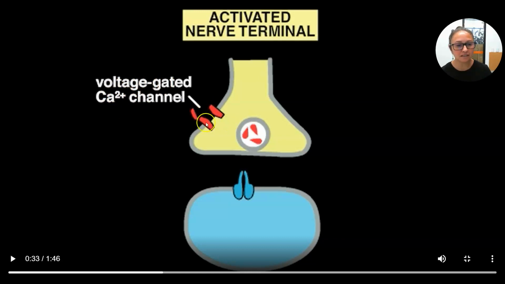This one opens up its door when a specific voltage is reached. So the action potential comes down and opens up this channel here. This protein will only allow calcium through. Let's have a look and see.